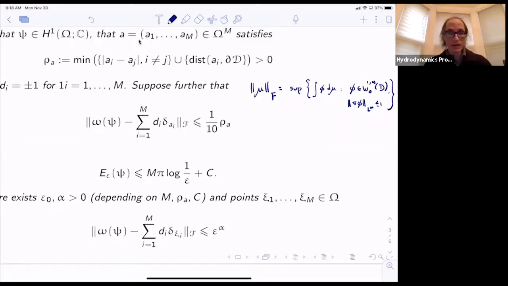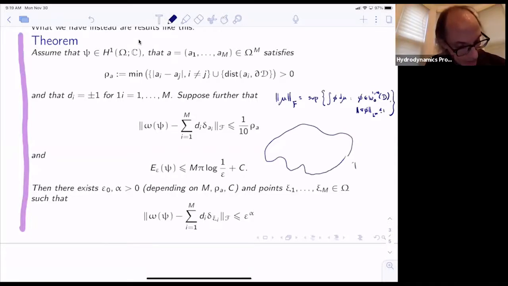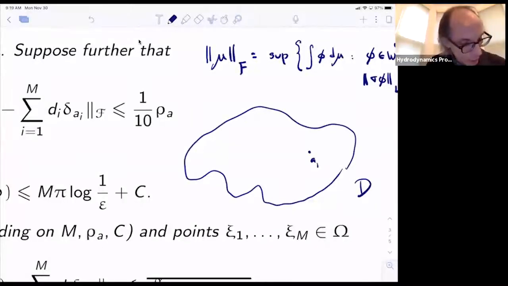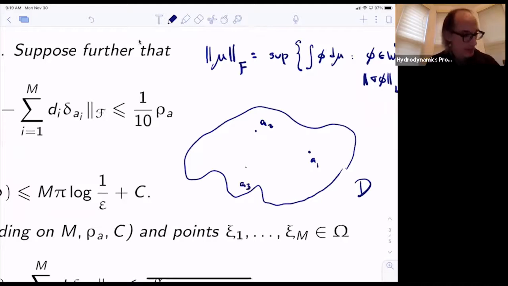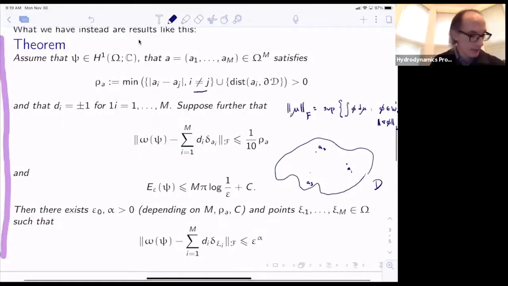Okay, and so this theorem says, assume that, in particular, if this omega of psi is so, then here's a picture of the theorem. Here's the domain D. I have a few points, A1, A2, A3, and I assume that they're bounded away from each other.